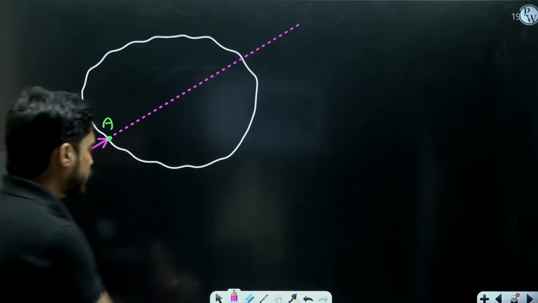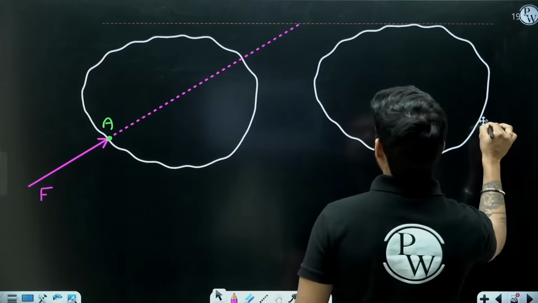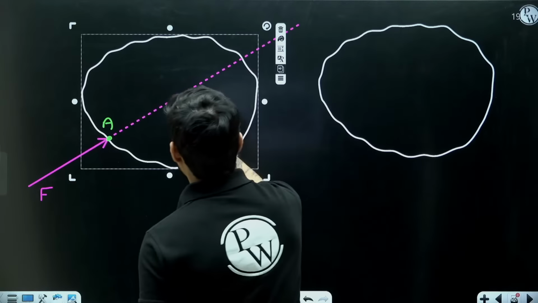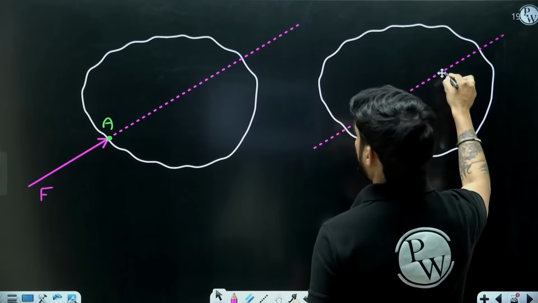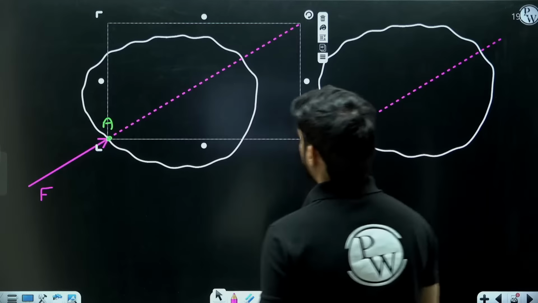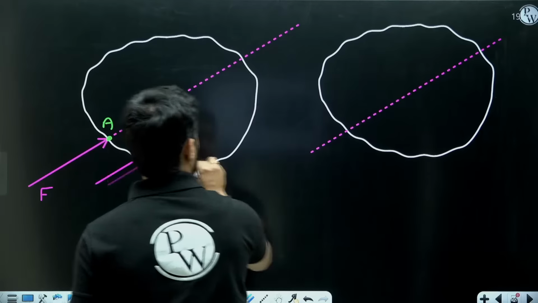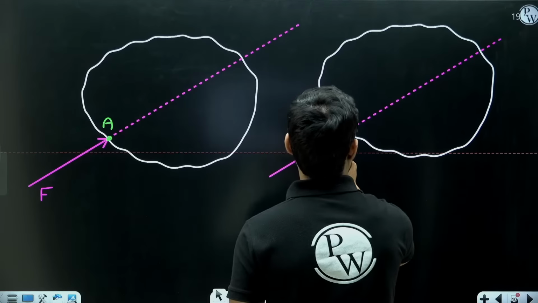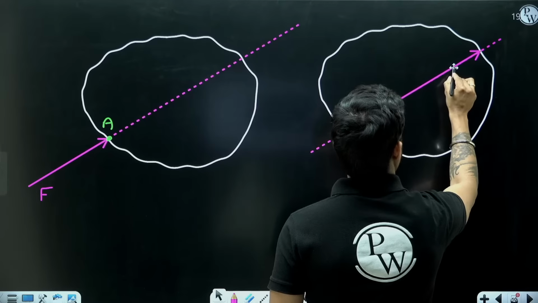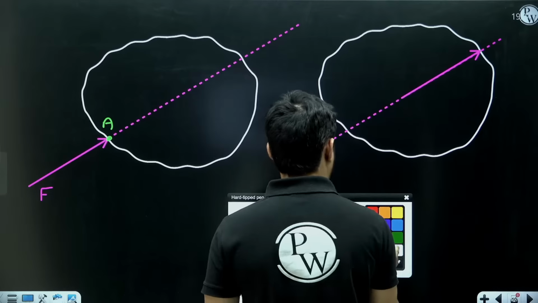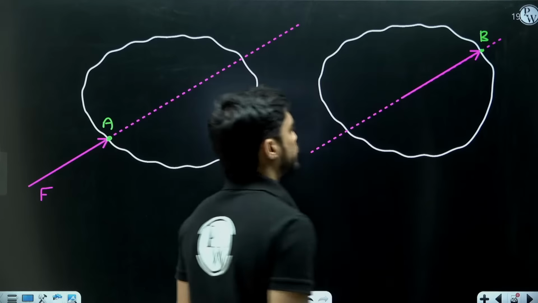So, according to this principle, even if you move this point of application from here to, let's say, here, it is not going to change the external effect of this body.